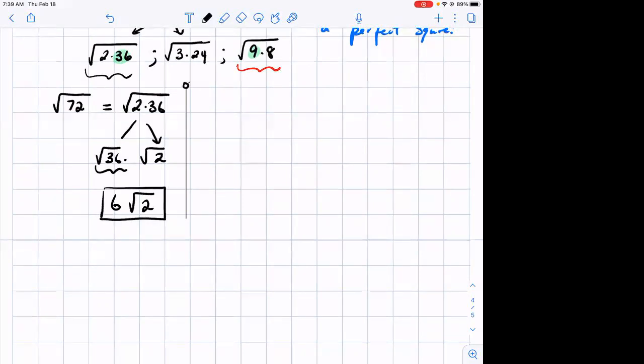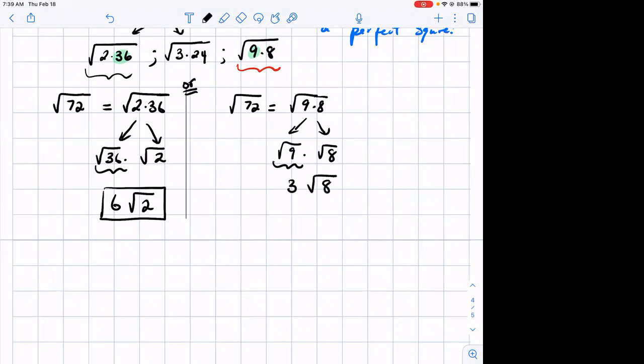Now, if you use this scenario, the square root of 72 is the same as the square root of 9 times 8. And here this becomes the square root of 9 times the square root of 8. The square root of 9 we know is 3, so here we have 3 root 8. And this is the reason I said earlier, always look at this to see if you can simplify.